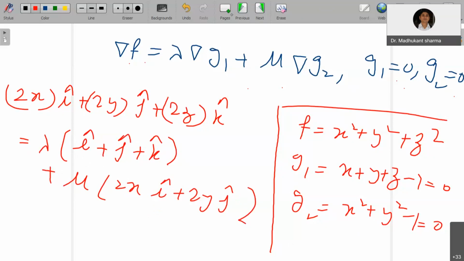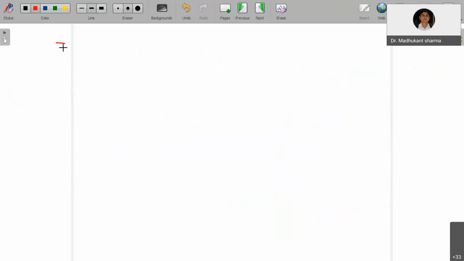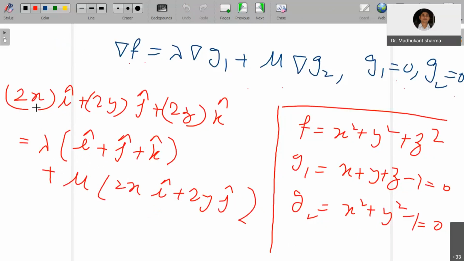Now you compare. The i component on the left side is 2x, on the right side it is lambda plus 2 mu x.